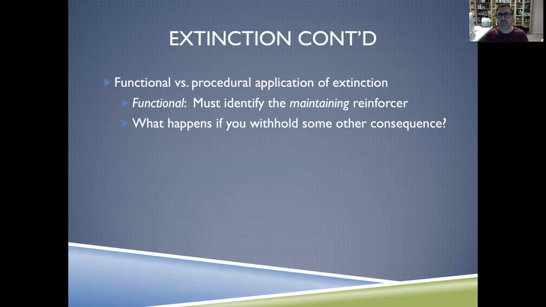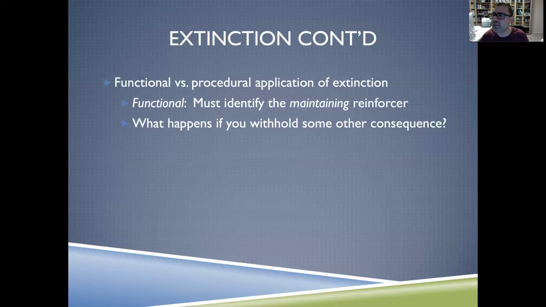If you're not withholding the right consequence, then what do you think happens? The behavior is not going to decrease, and that's the procedural part, right? You have to withhold the reinforcer, but it has to be the reinforcer identified in the functional analysis. If you remove the wrong reinforcer, the behavior will continue to occur, right?